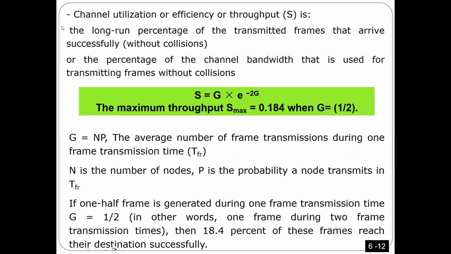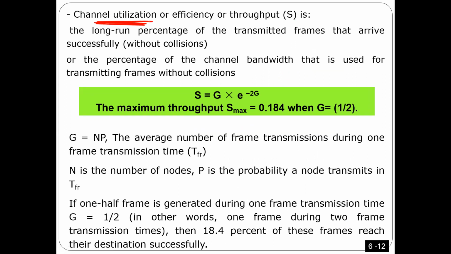Now, we need to measure something we call channel utilization, efficiency, or throughput. Before I give you details, I'm going to tell you what this means. You can tell from the English name: utilization of the channel.